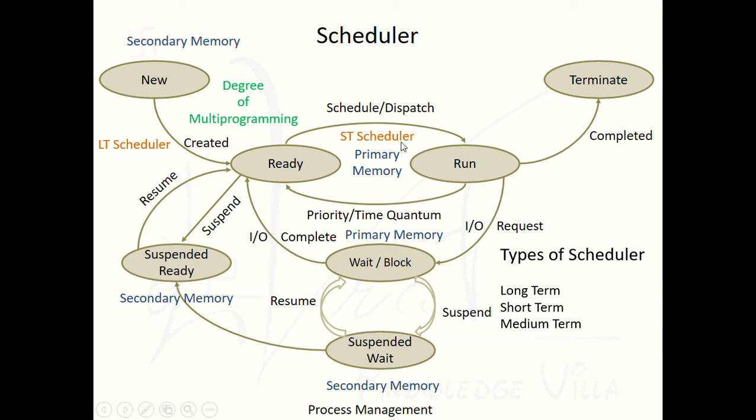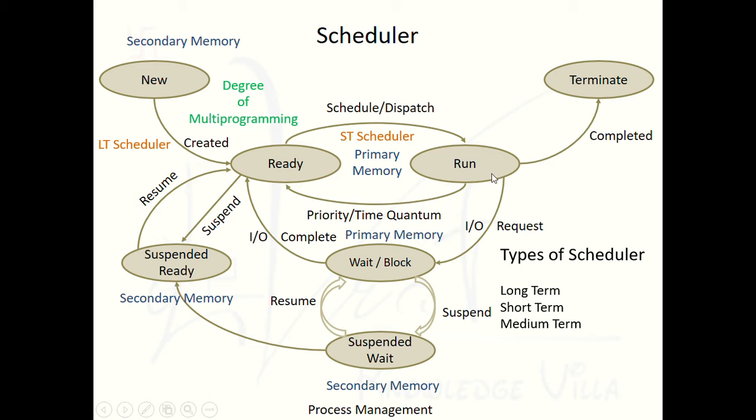And what else does the short term scheduler do? Whenever one process is running and another process arrives with a higher priority, the short term scheduler stops that process, moves it back to the ready state, and executes the higher priority process. The same thing happens with time quantum.